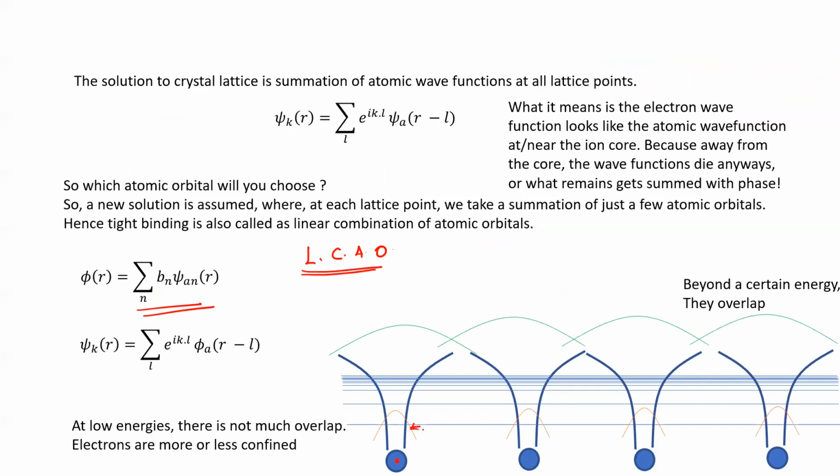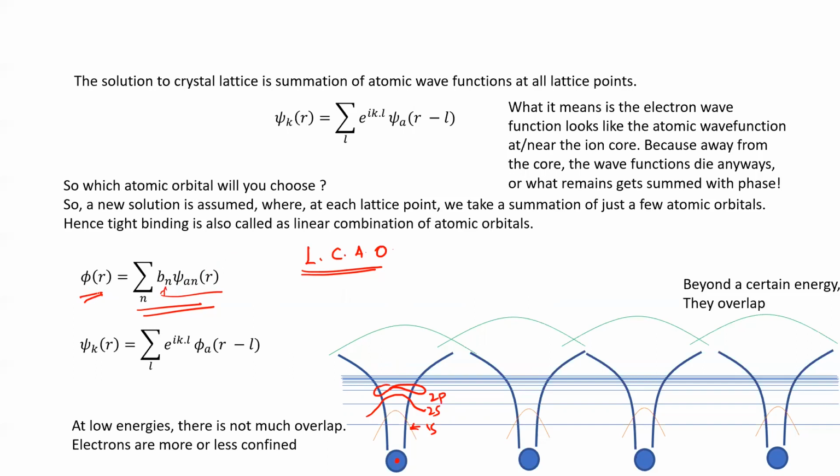Let's take this to be 1s, 2s will be like this, 2p, let's say like this. I take this psi of r as a linear combination of atomic orbitals. The atomic orbitals that I don't take, I can take the bn's to be 0. The ones I take will have bn's with a significant value.